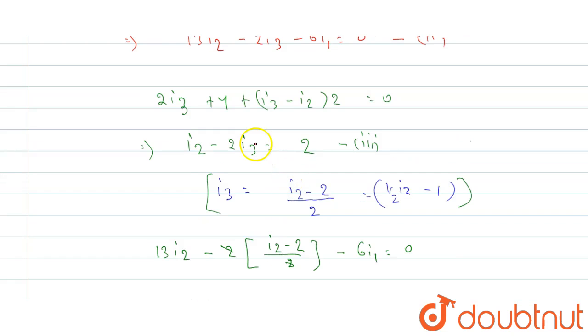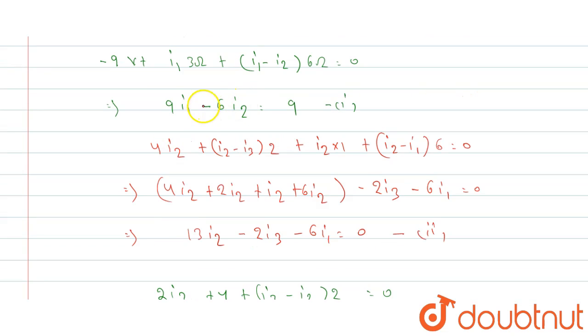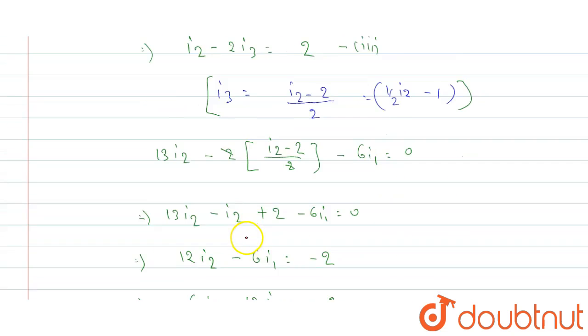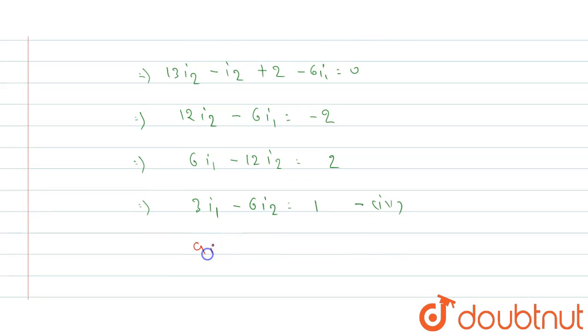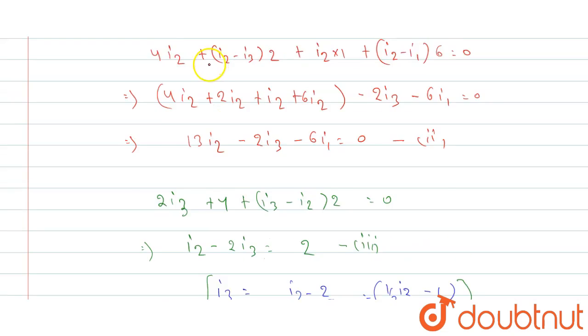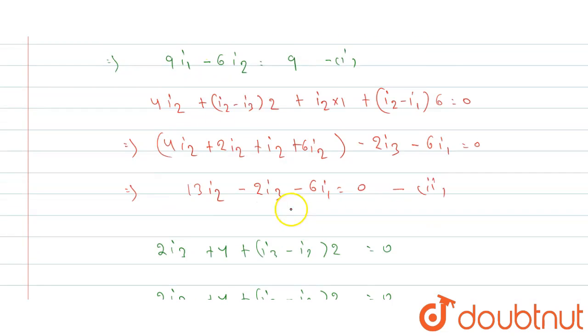Now, students, we have equation 1, which is 9I1 minus 6I2 equals 9.